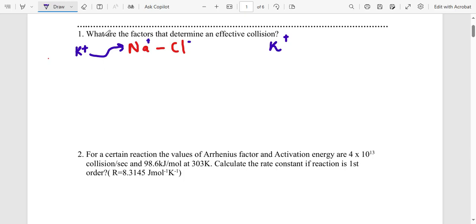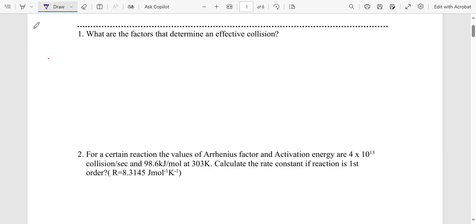If it does that, this reaction can never happen. Why? Potassium and sodium are both positively charged. So we call this a wrong molecular orientation. The right molecular orientation is that the potassium should be next to the chlorine because they are opposite charges. So one thing that necessitates that a reaction is going to happen is the correct molecular orientation.